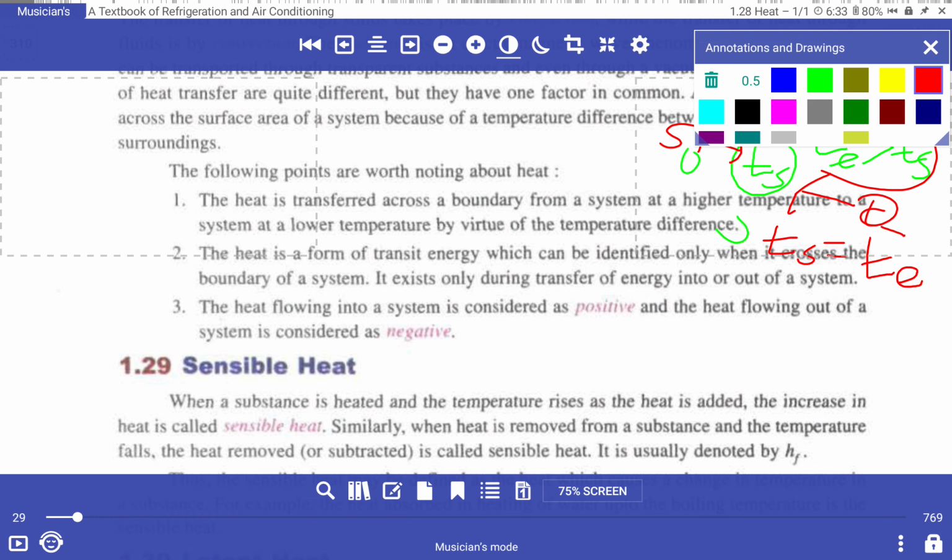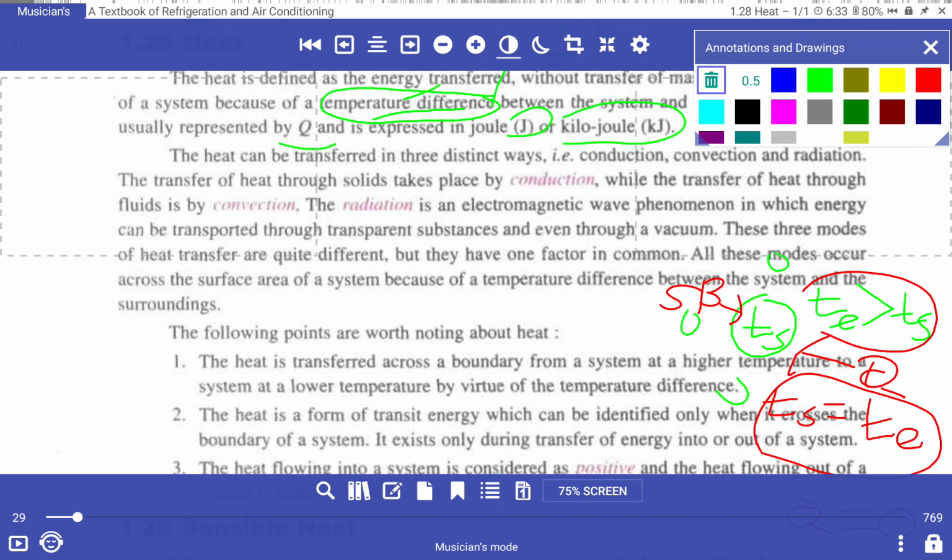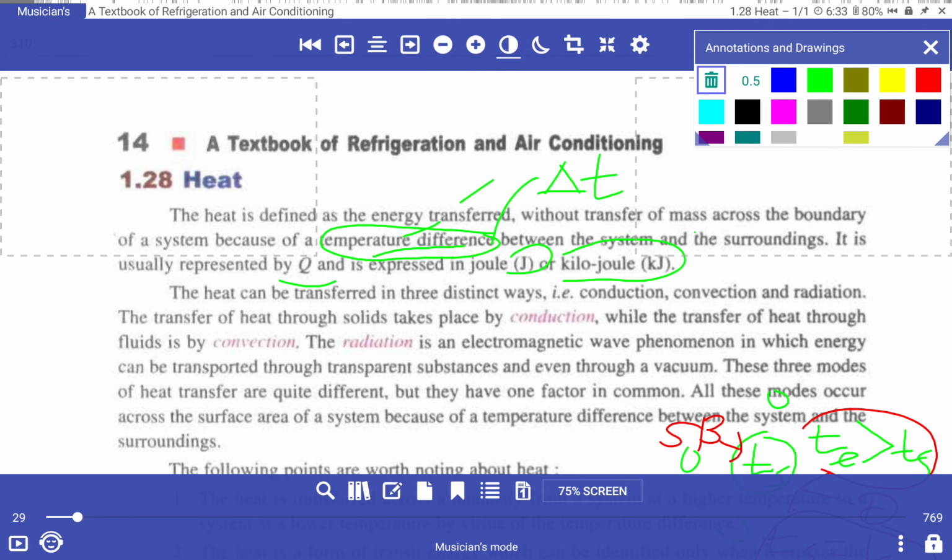Q is zero. If they are equal, they are in thermal equilibrium. Q is 0, which means there is no transfer. So that is what heat means.